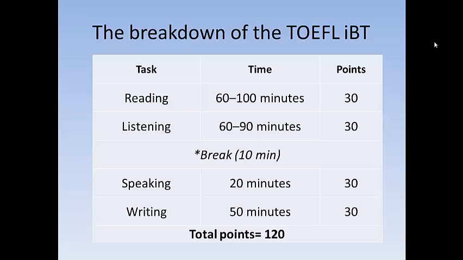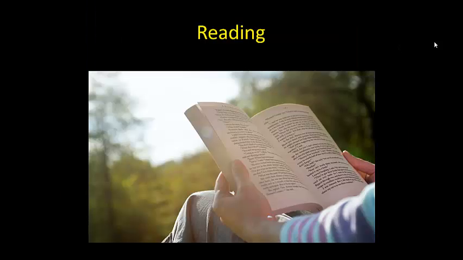It's going to be the shortest section in the test, only about 20 minutes, but it will be worth, again, just as much, 30 points. Finally, you'll have a writing section that'll be about 50 minutes long, and again, that will also be worth 30 points. Now, this, of course, brings us to a total of 120 points, and we'll talk about what the scoring should be a little later here.